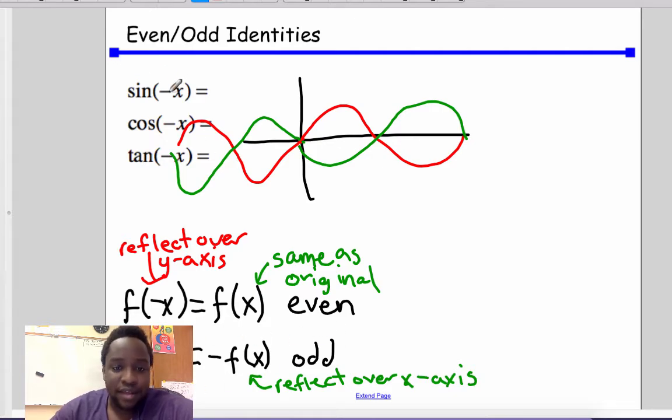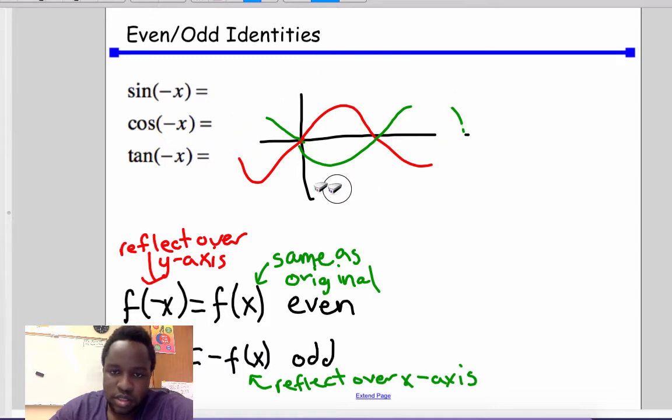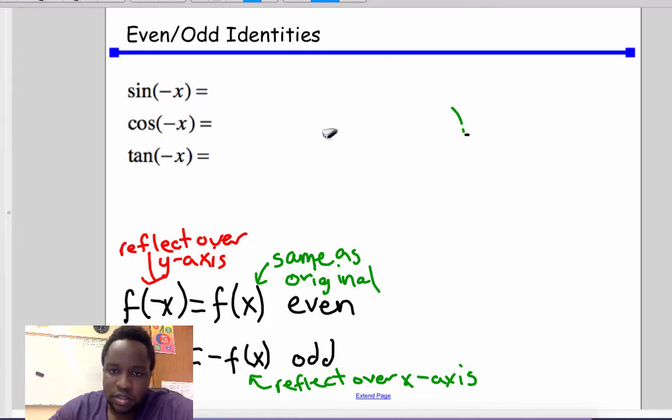So sine of negative x is equal to negative sine of x, because it is odd.